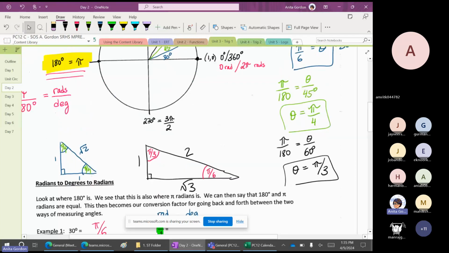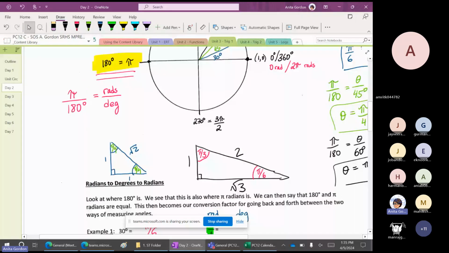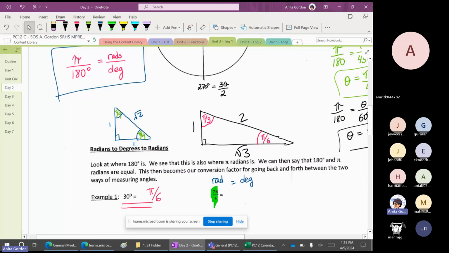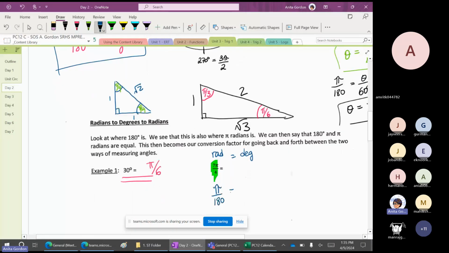I'm going to use this as my setup for the formula, right? I'm going to say pi by 180 equals, now I know my radians, 7 pi by 4 over, I don't know my degrees now, so I'm going to put my theta in place of the degrees.